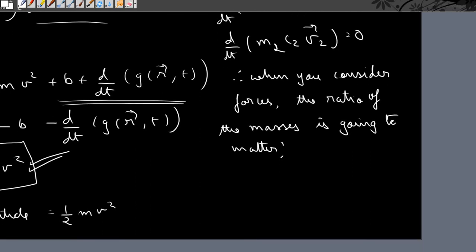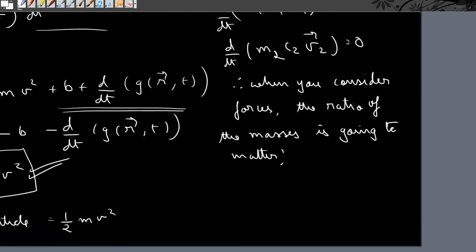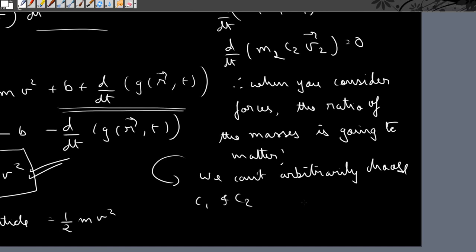And this is especially important when the particles are experiencing some kind of forces. Okay, so this implies that we can't arbitrarily choose C1 and C2.